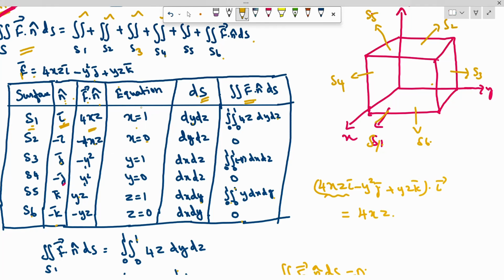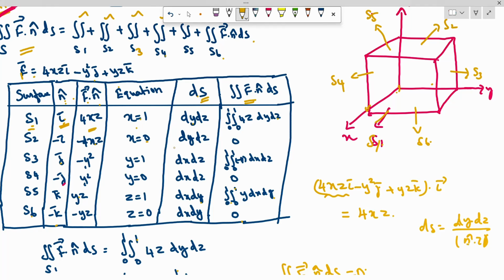This equation comes from the origin: the x distance till this plane is 1. ds, since this surface lies on the x-axis, is dy dz by modulus of n cap dot i vector.